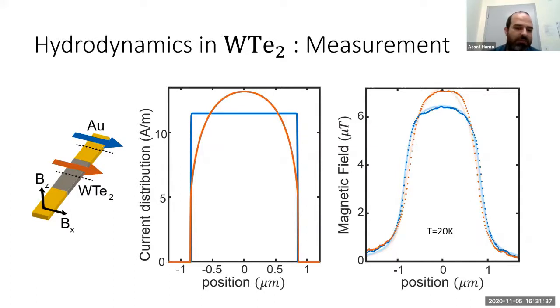So people have shown some signatures of currents flowing in the edges, but we haven't seen that. So I don't know, it's a good question. There are some signatures that there are edge currents, so maybe there are, but they are very small. I don't know.